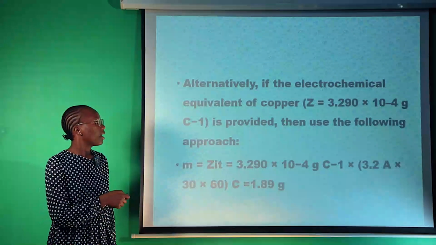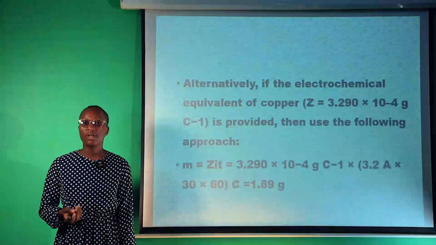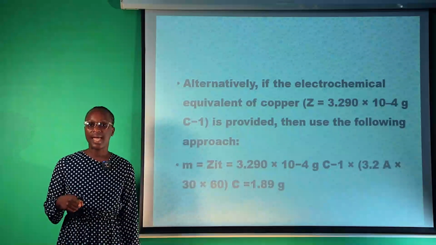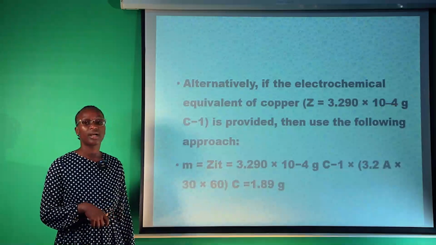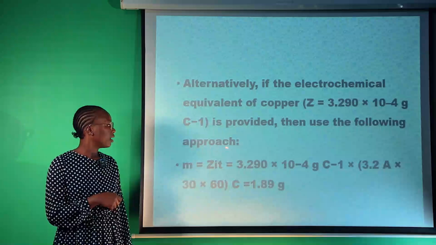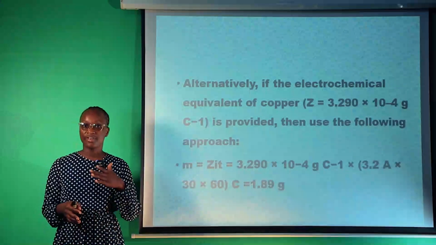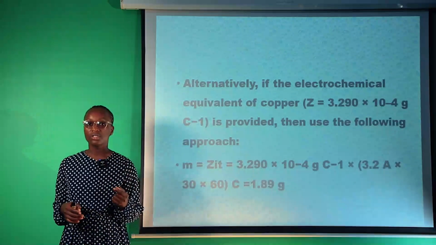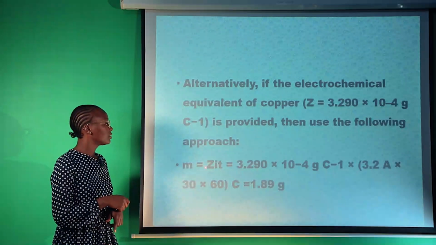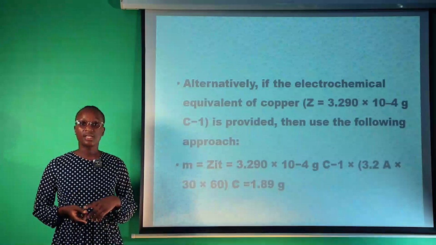Kumbe copper yetu ni copper 2, valence yetu ni 2. So we have the number of moles of electrons over 2, which is the valence ambayo tumeikuta kwenye equation yetu hapa. Finally and obviously, we are going to have 0.0298 moles. So my students, you will use your calculator so as you can prove this during your trials.